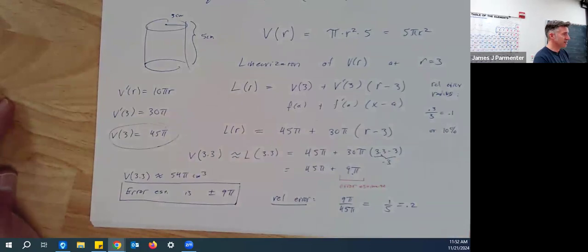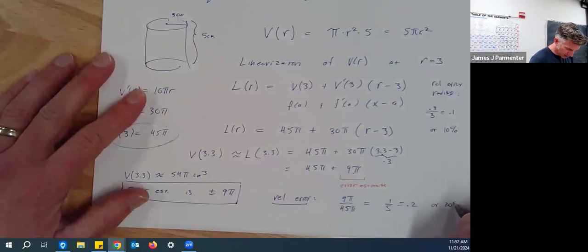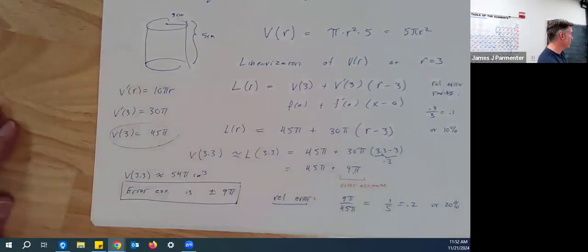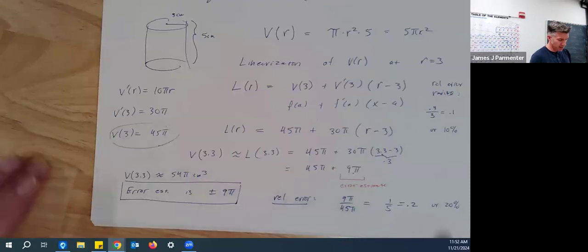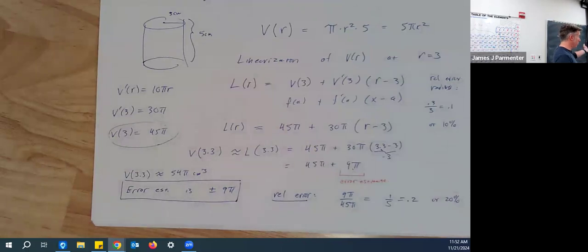And essentially, and this is not coincidental, since the radius is getting squared here, we're doubling the error. So here, our error is up to a maximum of 20%. If this had been a sphere where the radius was getting cubed, we would have ended up tripling our error, up to a maximum of 30%.